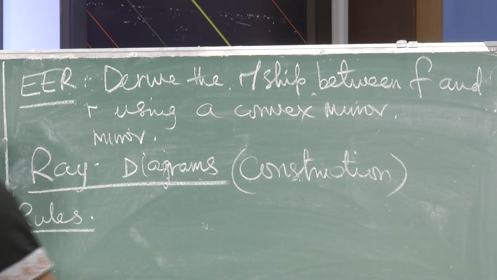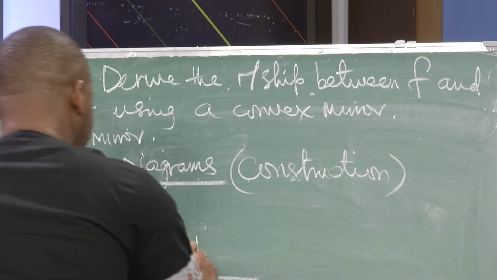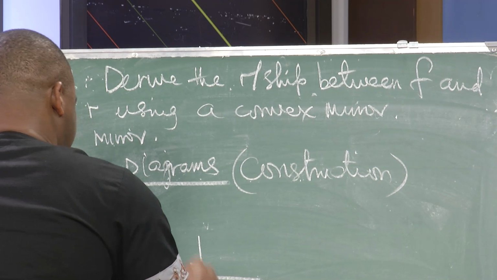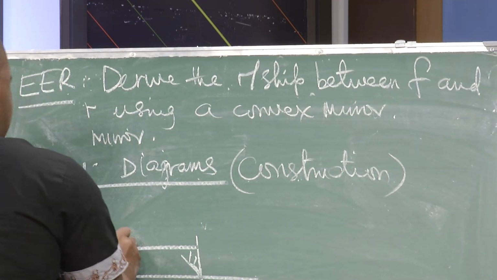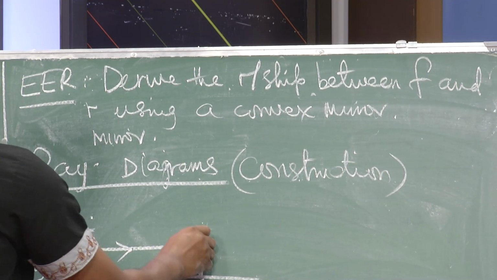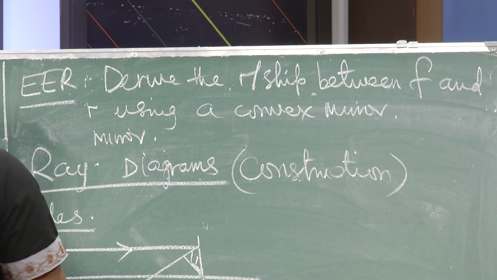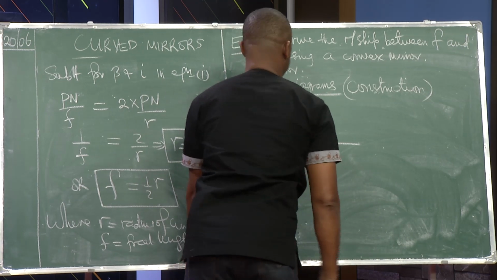Rule number one, if I am using the concave mirror, is that rays that are parallel to the principal axis are reflected, as we have seen, to pass through the focal point. That is rule number one.